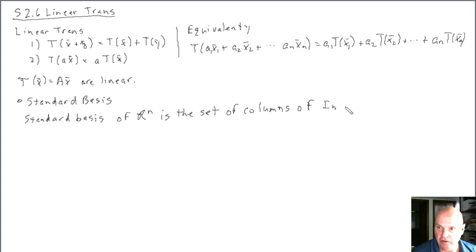So this would be the set. We call these basis vectors e1, e2, and so on up to en. So these are just the columns of the identity matrix.